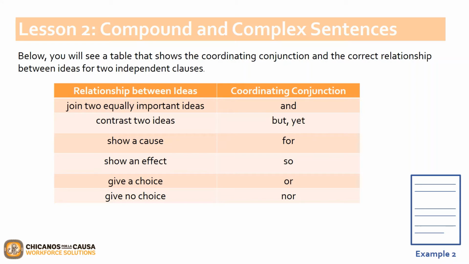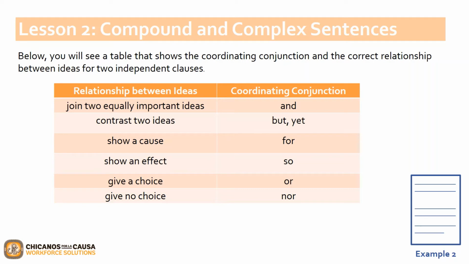In the third row, for relationship between ideas, show a cause. The coordinating conjunction for this would be the word for. For the fourth row, it says show an effect. The coordinating conjunction for this would be the word so. For the fifth row, it says give a choice.